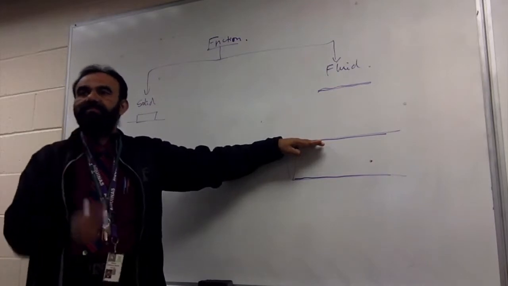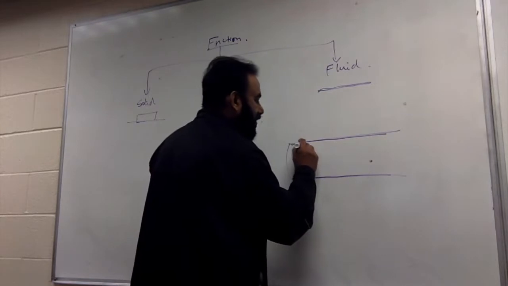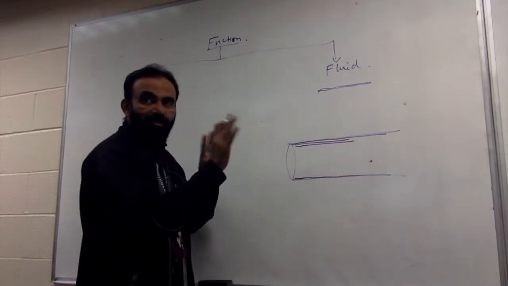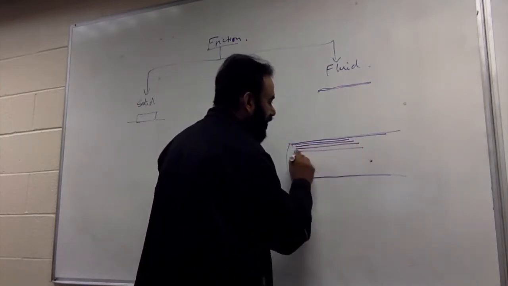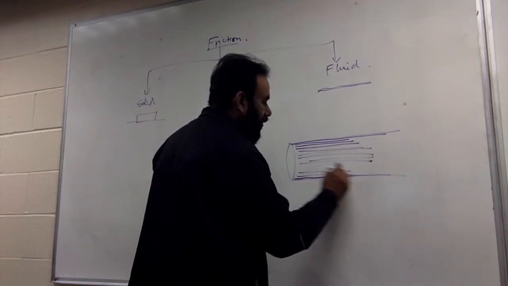So therefore, the second layer is not going to be able to freely move at its own speed. It is restricted. What about the third layer? The second layer is restricted, the third layer is less restricted, so it's able to go faster. The fourth layer is going faster, faster, faster. And then when you come to this side again, the story repeats.